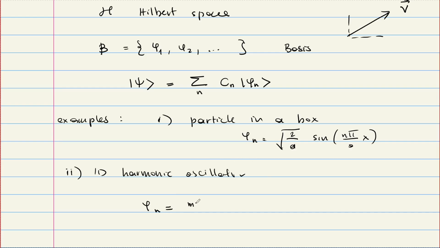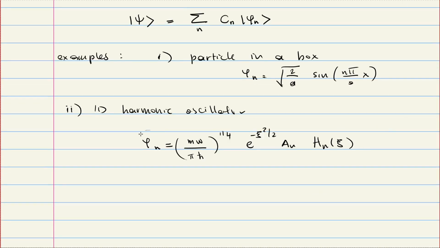It's some normalization constant An times Hn of xi, and this xi, this is a function of x, and xi is the square root of m omega over h bar times x.